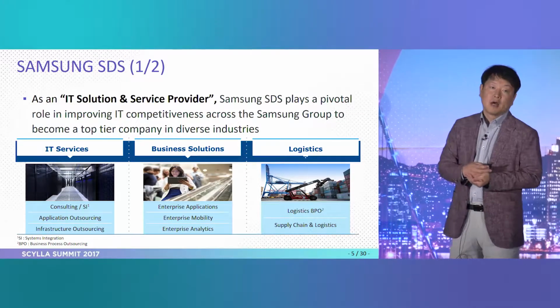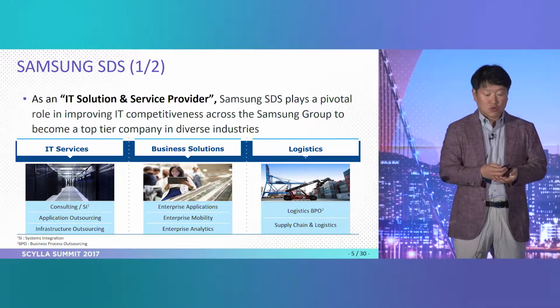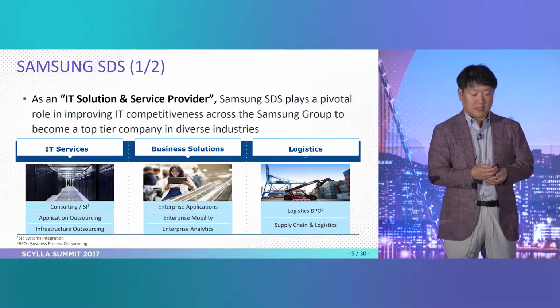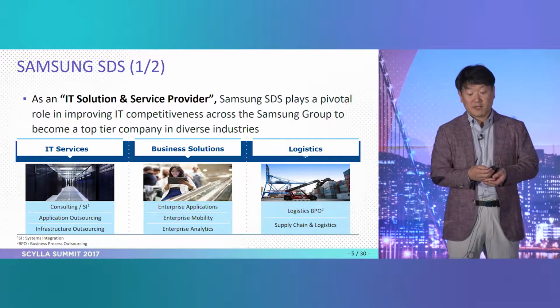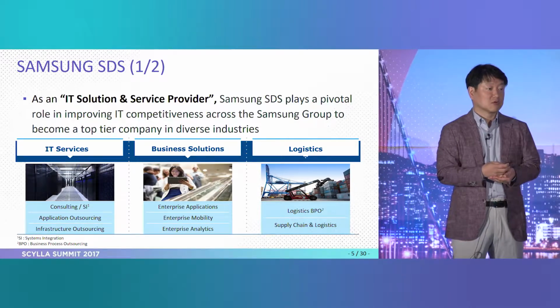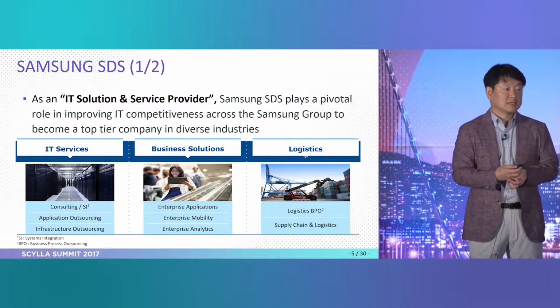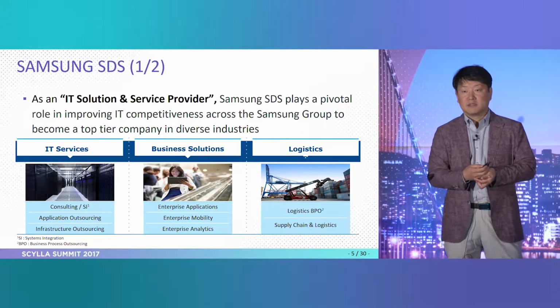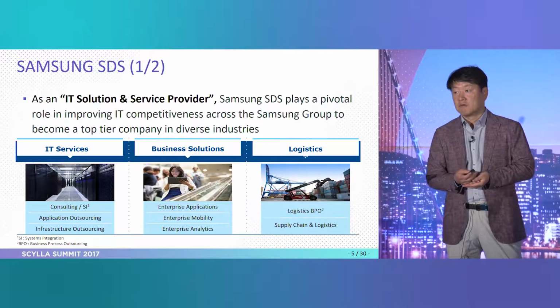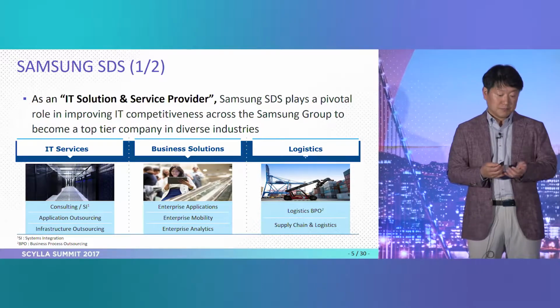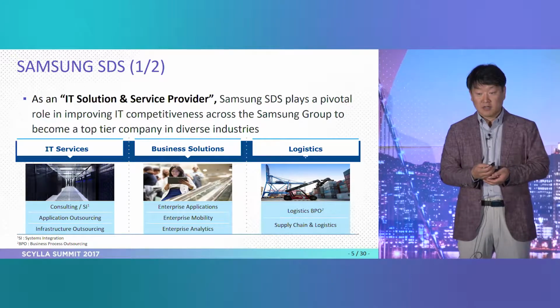Our company is an IT solution and service provider, and the main role is improving IT competitiveness for Samsung Group companies, such as Samsung Mobile, Semiconductor, and heavy industry, and also financial companies. Our business area is divided into three parts.